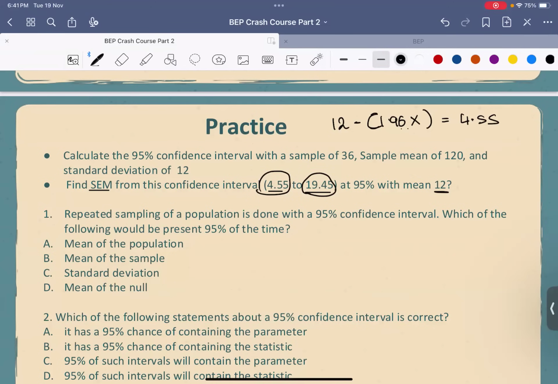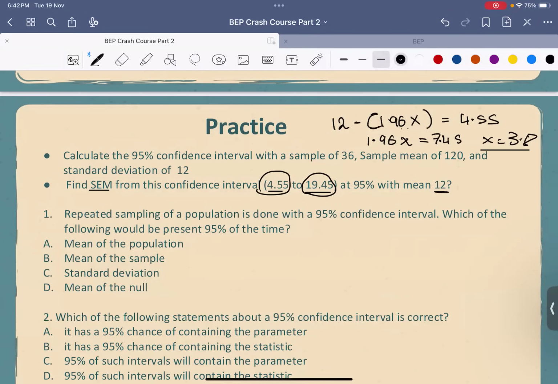So let's try this. Now we get 1.96x equals 4.55 minus 12, so 7.45. And then x equals 7.45 divided by 1.96, which will equal 3.8. So the SEM was 3.8.